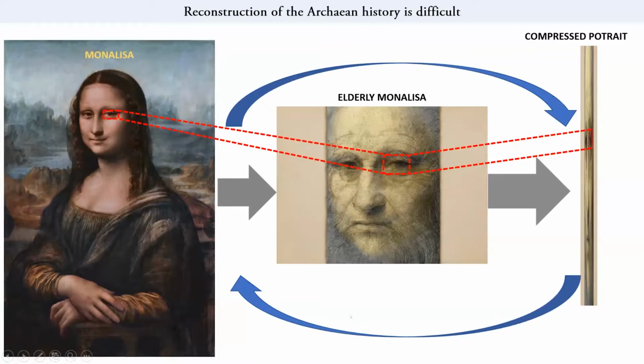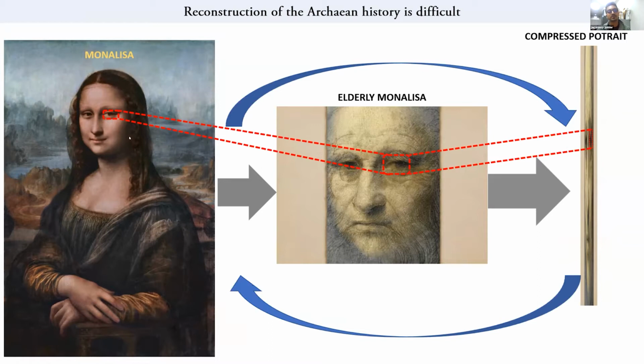Now when we talk about the Archean Earth, we would like to emphasize that the Archean Earth was as beautiful as the Mona Lisa's portrait here, but it becomes difficult to reconstruct the history.